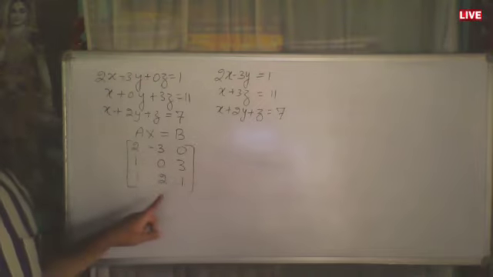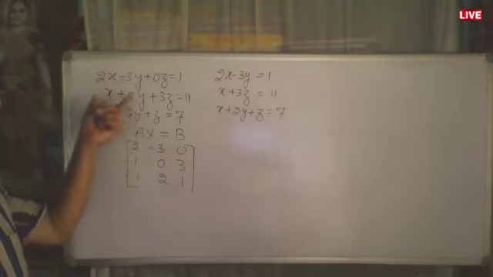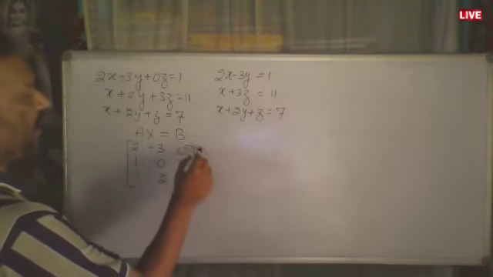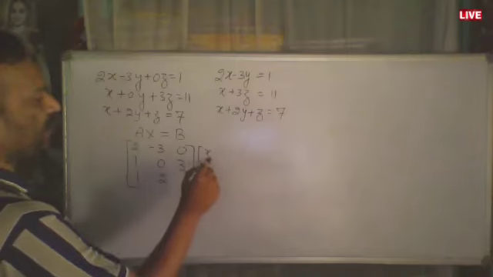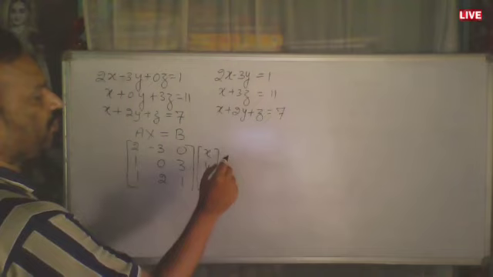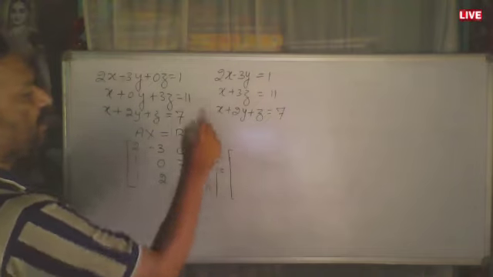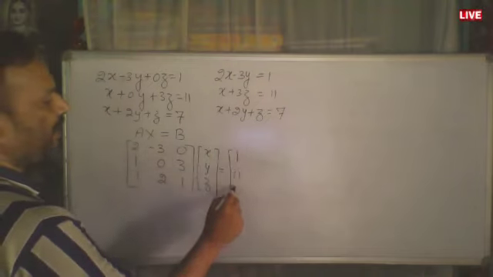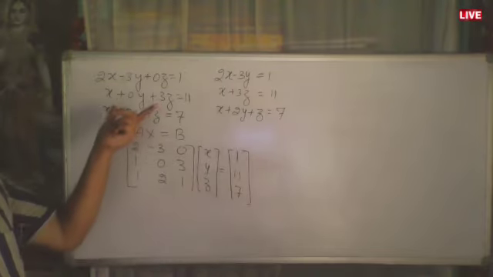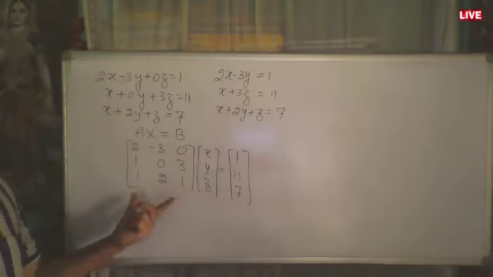This is matrix A, which we obtained from the coefficients of the variables. Then X is the matrix of variables x, y, z, is equal to B, that is 1, 11 and 7. This is the system of linear equations in matrix form.